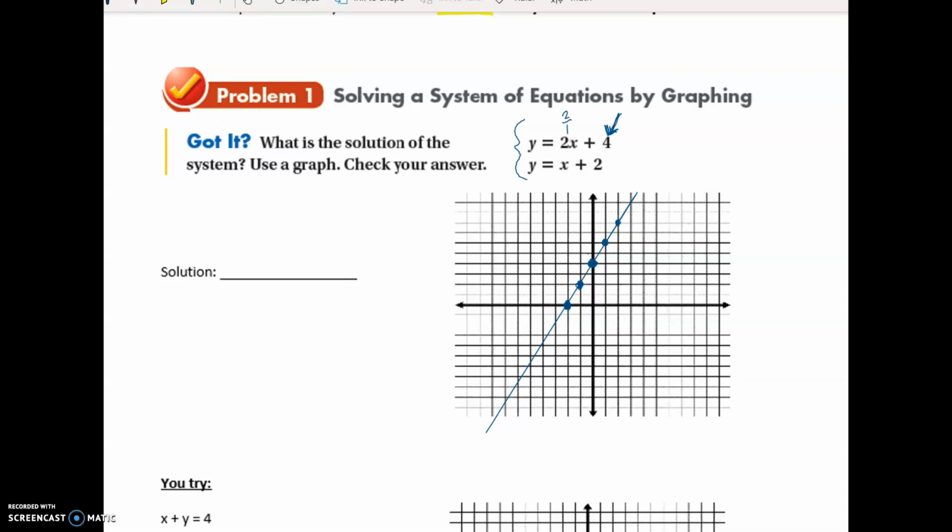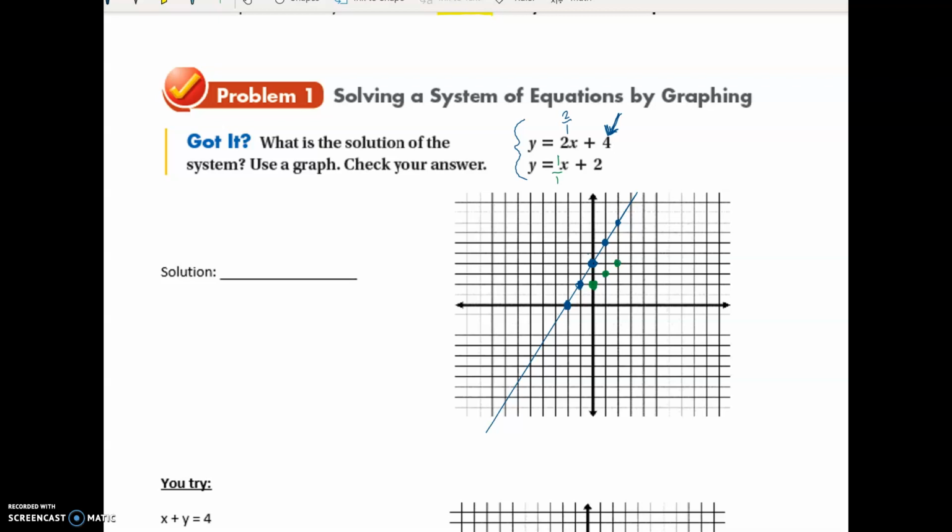And now we're going to graph the second equation on the same graph, same coordinate plane. So I'm going to start now at 2. 2 is my starting point. So I will have a new point at 2. And my slope here is 1, so we can think of that as 1 over 1. So from that point, we would go up 1, right 1, up 1, right 1.